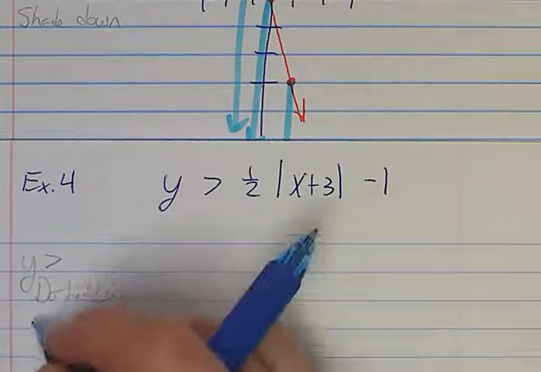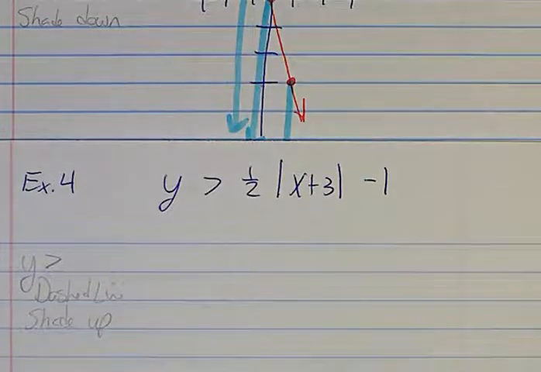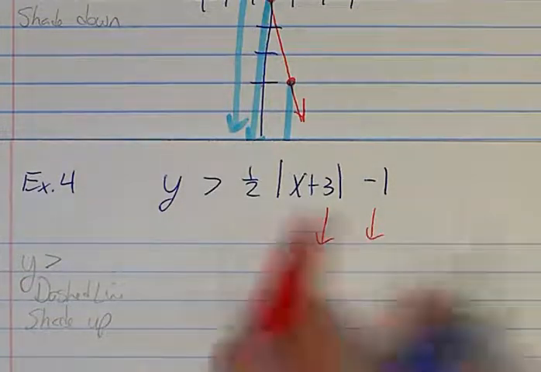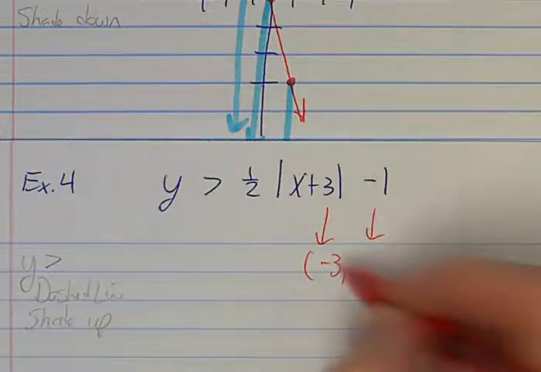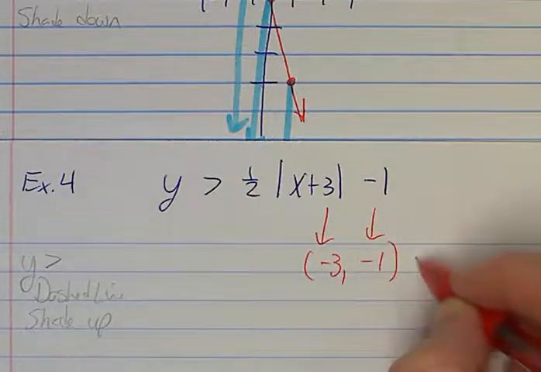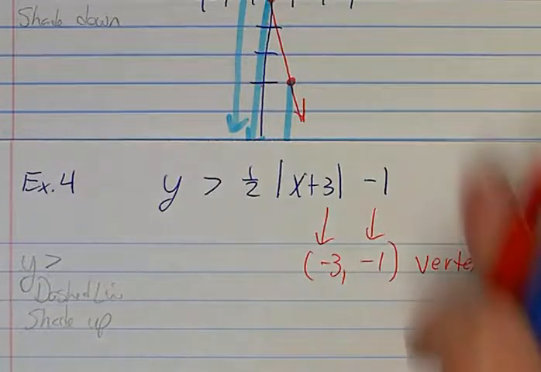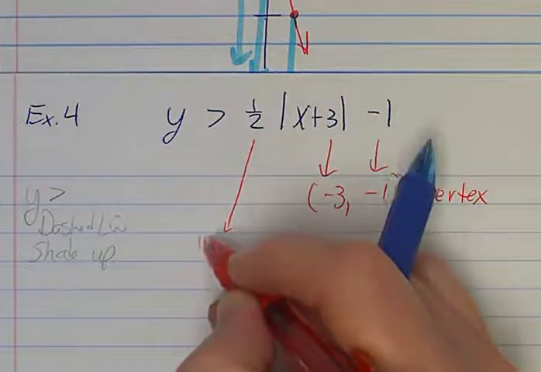And because it's y greater, we're going to shade up. Okay, the two numbers behind it are the vertex. And again, change the inside number from positive to negative. The second number is what it is, so that's our vertex. And then that 1/2 is kind of like the slope.